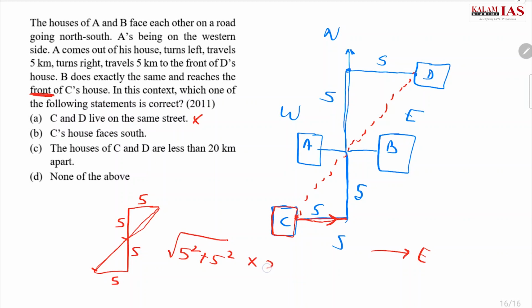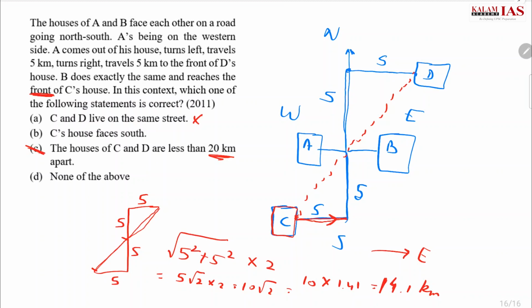So basically twice of this, which equals 5 root 2 into 2, 10 root 2, which is approximately 10 into 1.41, which is 14.1 kilometers. So the houses of C and D are less than 20 kilometers apart. This statement is correct because they are around 14 kilometers apart and not 20 kilometers.